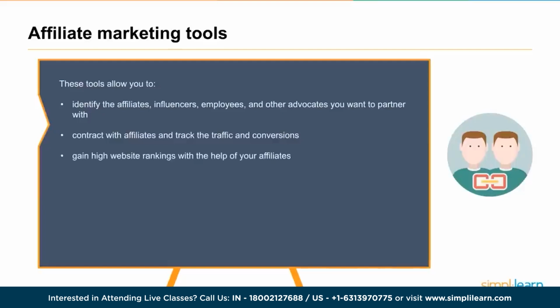Okay, so you can gain high website rankings with the help of your affiliate, meaning your affiliate can be promoting your product, and if they're promoting your product, you have a chance to show up via paid search, organic search, off other websites, and social. So you have a lot of benefits to working with affiliate marketing, and the tools available will help you gain website rankings as one example.